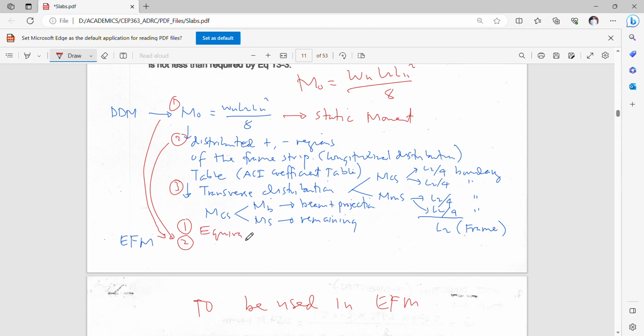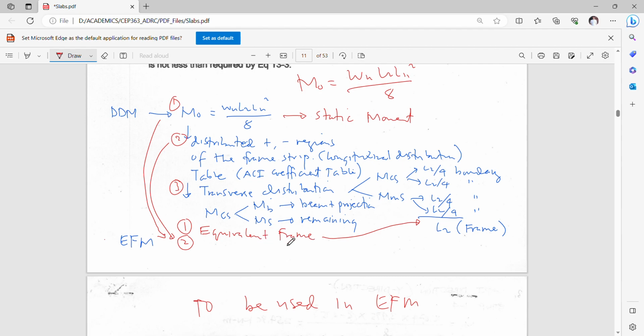This equivalent frame is the same frame that we created in the DDM. It's not a different frame.